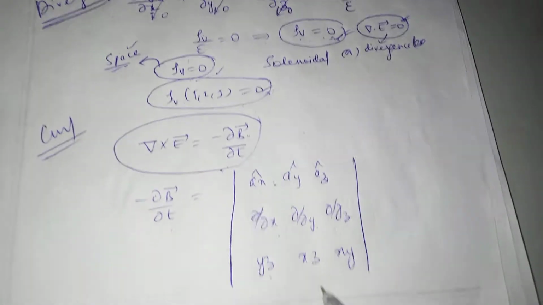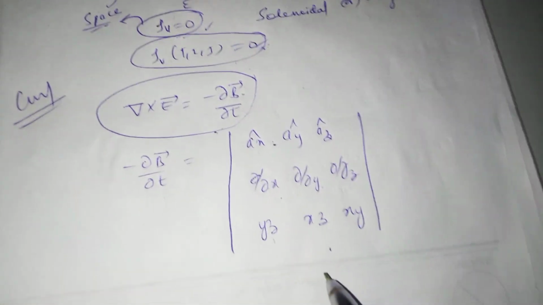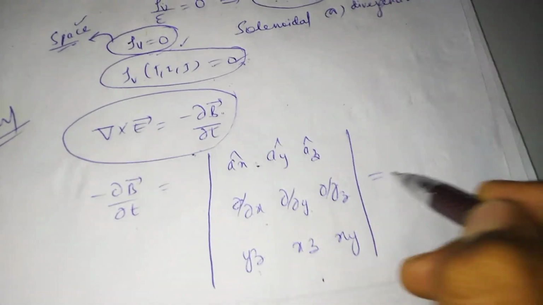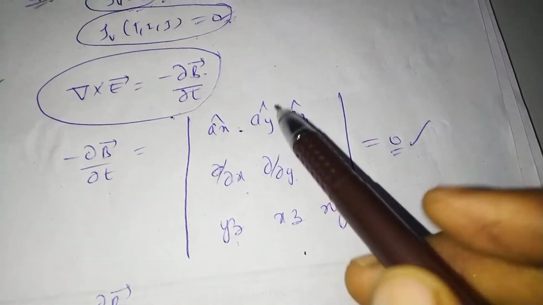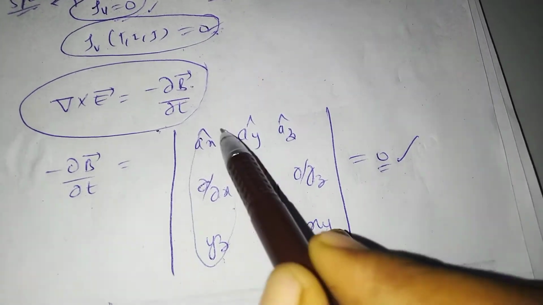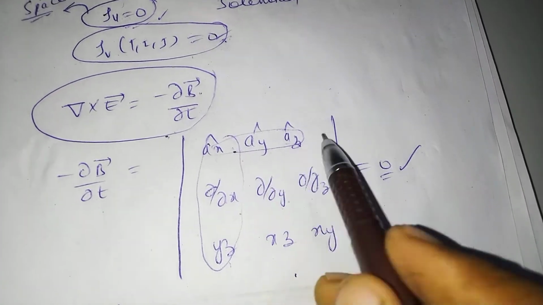Simply substitute in the determinant. So we simply get 0 over here. The determinant is 0 only. How do we do it? First this row, this column, this row, this column.